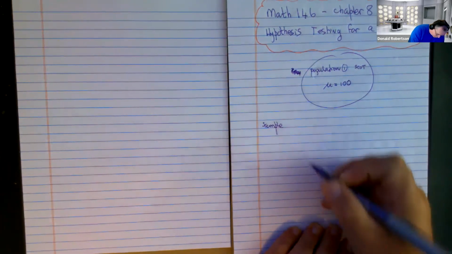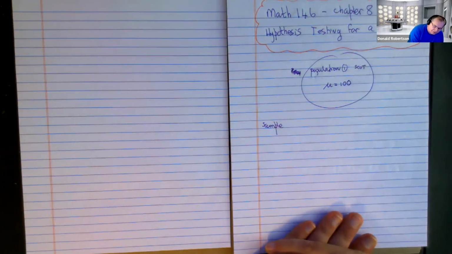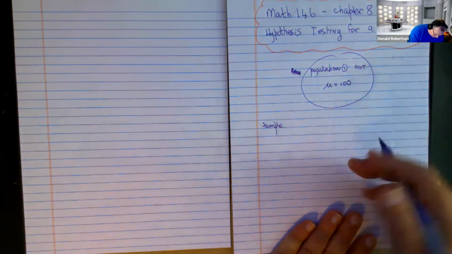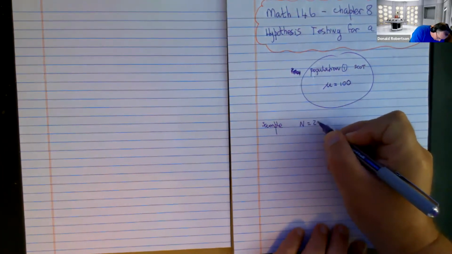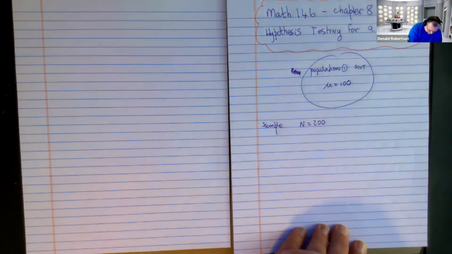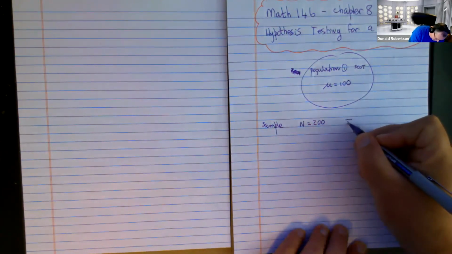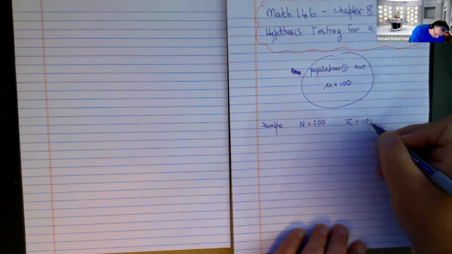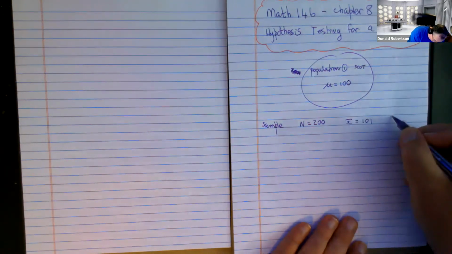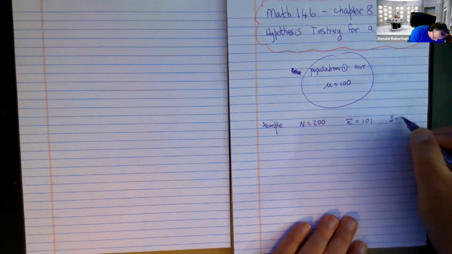You go out and you get a really good random sample that's unbiased and a good representation of the population. And there was 200 people in this random sample, and the mean IQ was 101, and the standard deviation of the sample was 10.